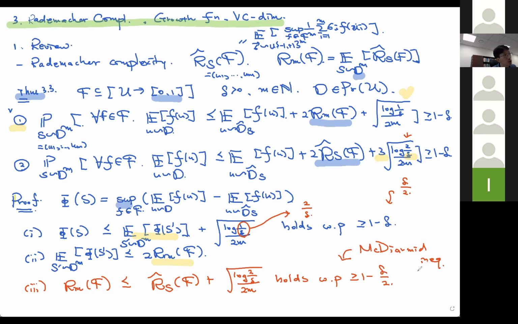The specific function that we are using is the function that maps input S, which is a sequence of examples, to the empirical Rademacher complexity.